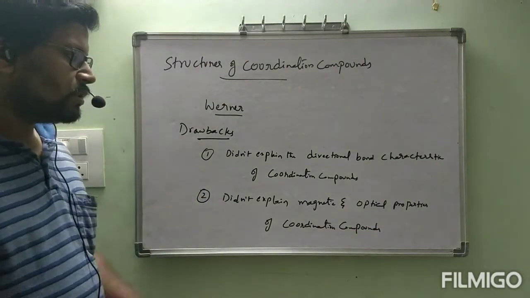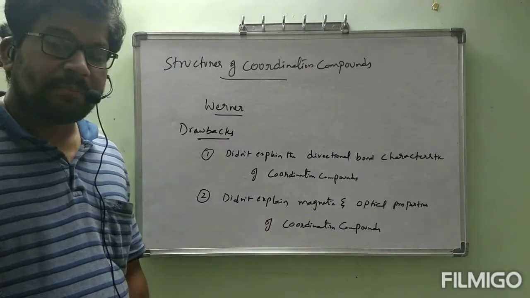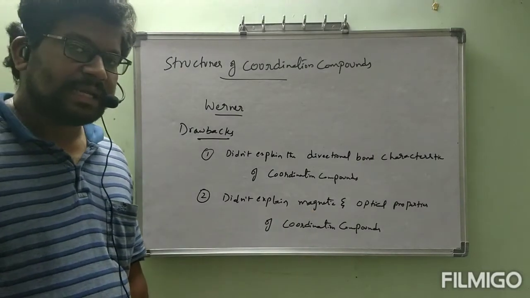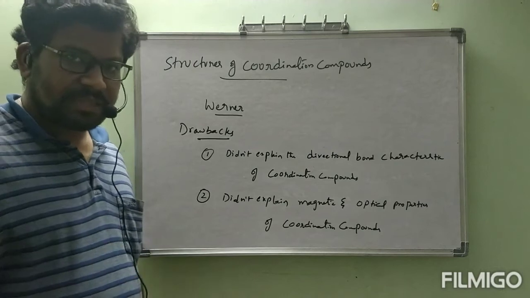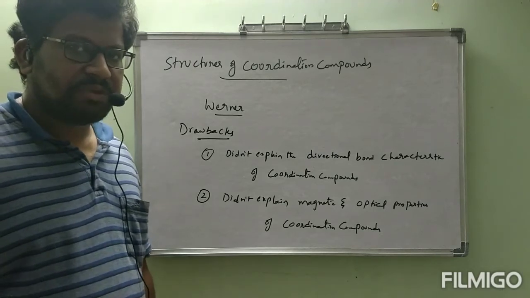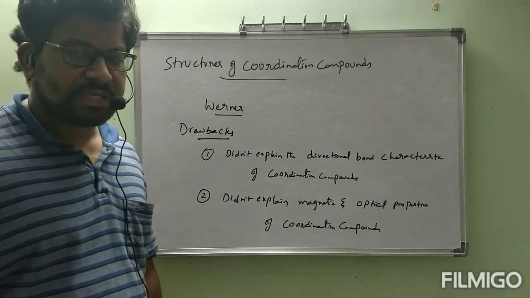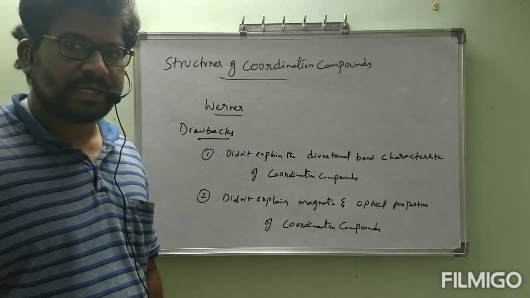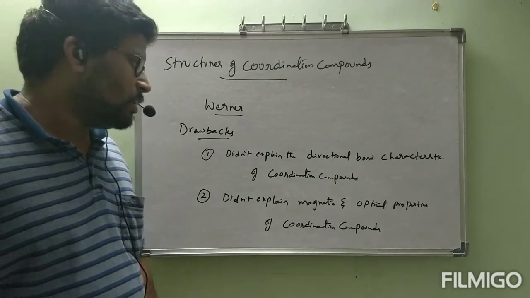Coordination compounds will show magnetic properties like paramagnetic, diamagnetic, like that. At the time I will see. Remaining theories are there, those theories successfully explain the characteristic, all those things. At the time I will say what is meant by magnetic nature also. No problem at all.